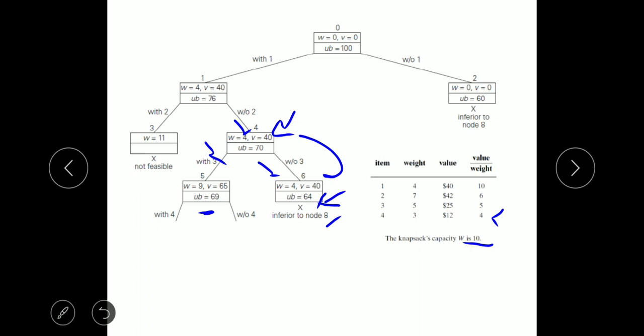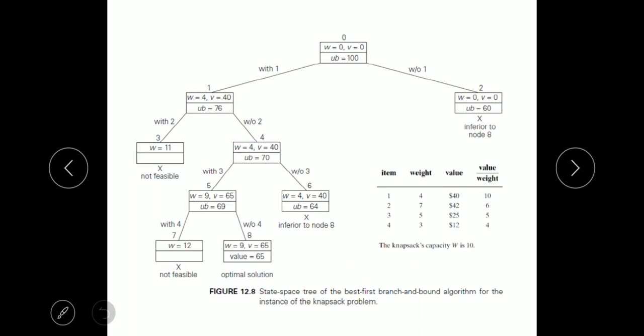So then the last possibility, we shall also check, that is to include item 4 or not into the knapsack. So here we have included item 3 into the knapsack.